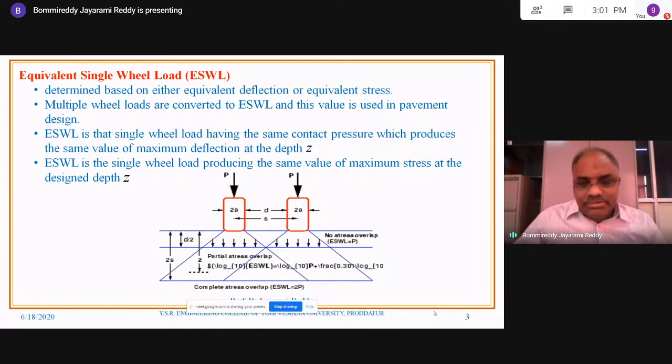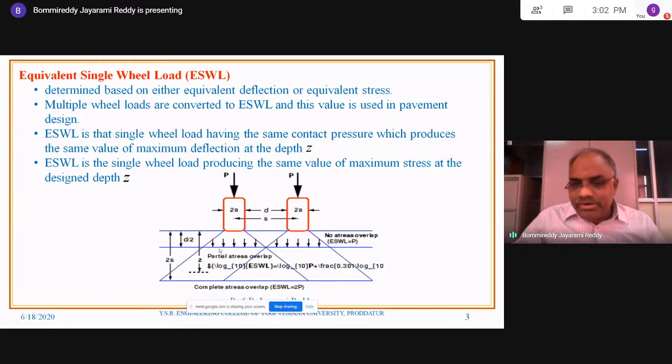Here, this is the type of situation where tandem wheels are coming into picture. These tandem wheels are very close together, so the distribution of the stresses below the surface is because of both the wheel loads.